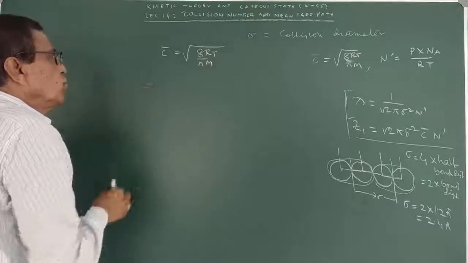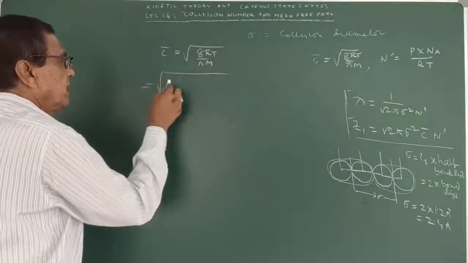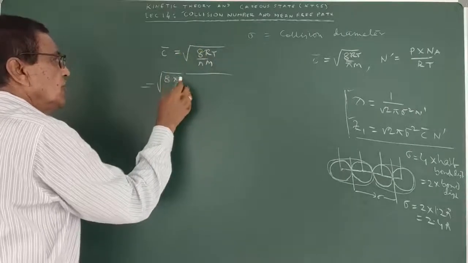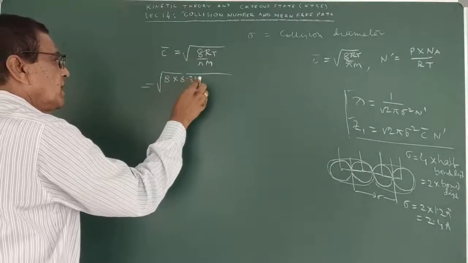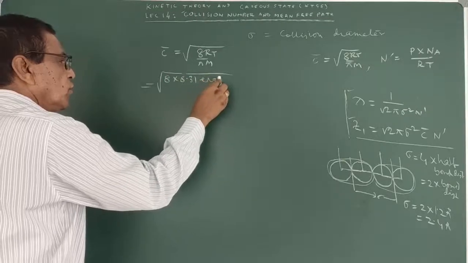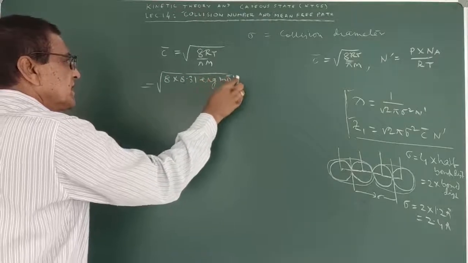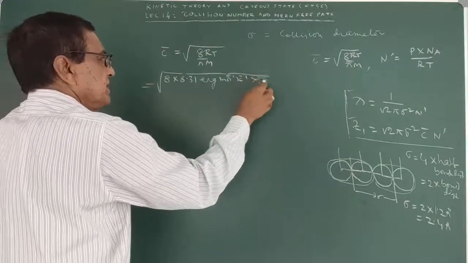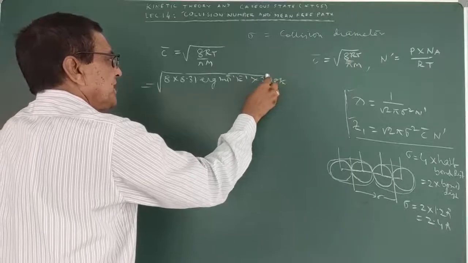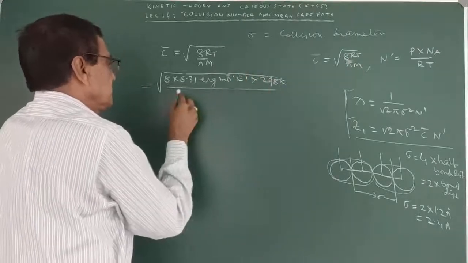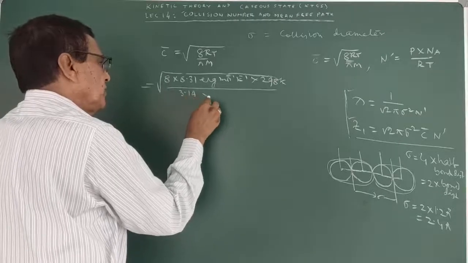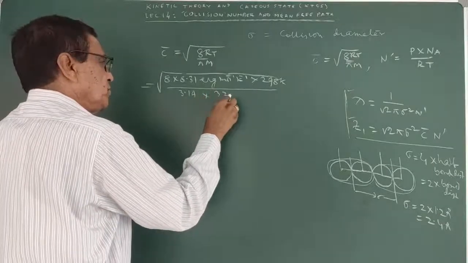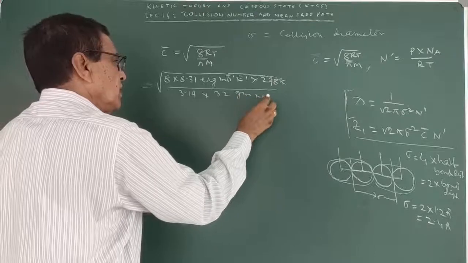This is equal to root over 8 into 8.31 J mole inverse Kelvin inverse, with temperature 25 degrees centigrade meaning 298 Kelvin, divided by pi equal to 3.14 into the molar mass of oxygen, 32 gram mole inverse.